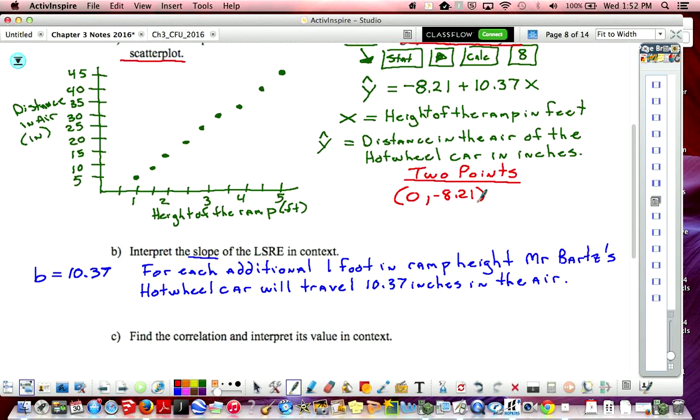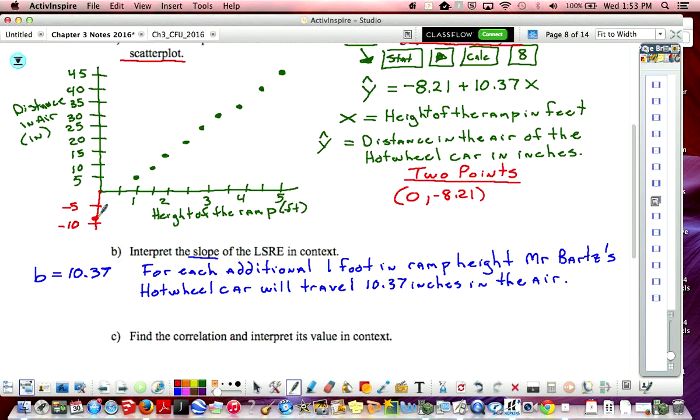Yeah. So, right now, I'm going to extend my x-axis down here and go -5 and -10. And I know that one of my points on the axis is located at, and I'm just going to estimate it, -8.21. But now I need to get one more point.